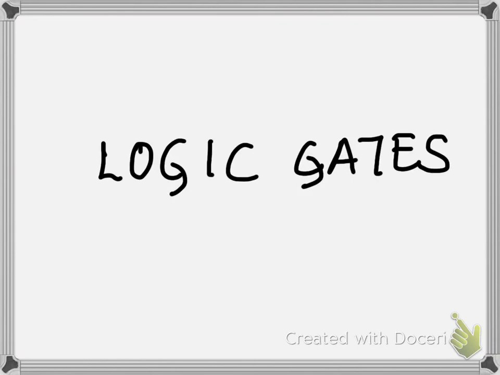As explained earlier, digital computer systems work on the binary number system using binary signals. To understand the hardware components, you first have to understand how the binary number system operates.